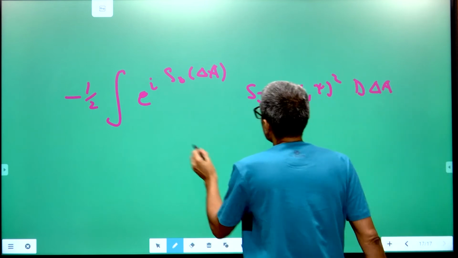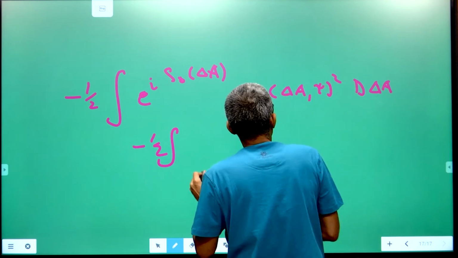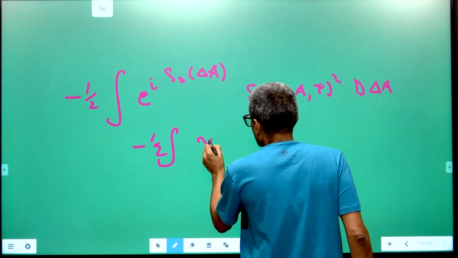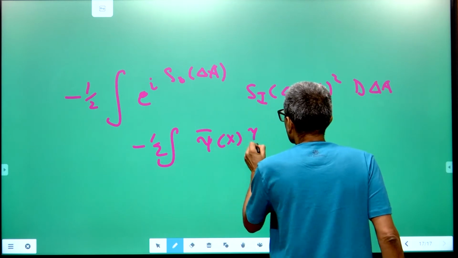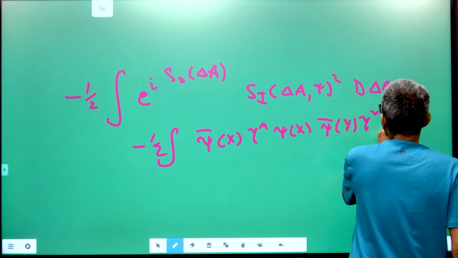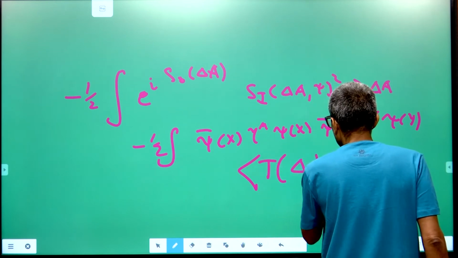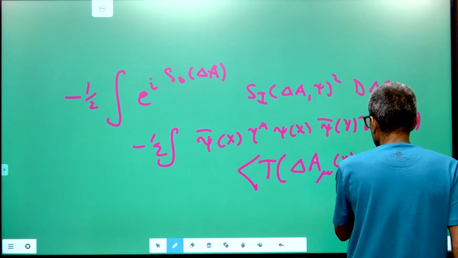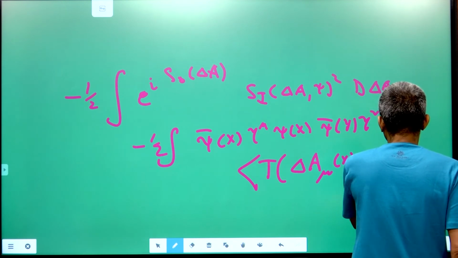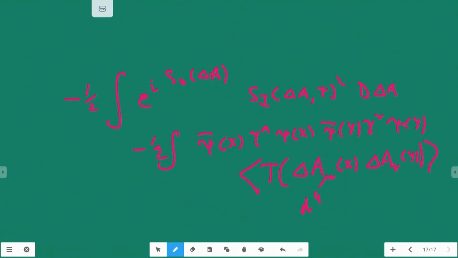So what will this approximately be? This will be equal to minus half the propagator of delta A. So you can write this as psi bar x gamma mu psi x, then psi bar y gamma nu psi y, into the propagator, that is the vacuum expected value of the time ordered product of delta A mu x with delta A nu y, d4x d4y, integrated over this.